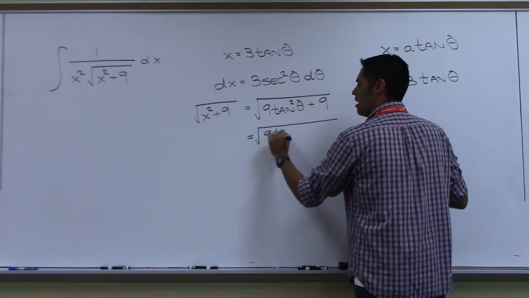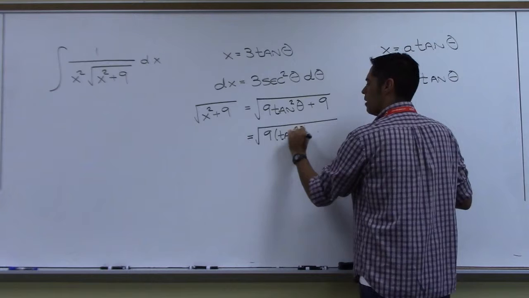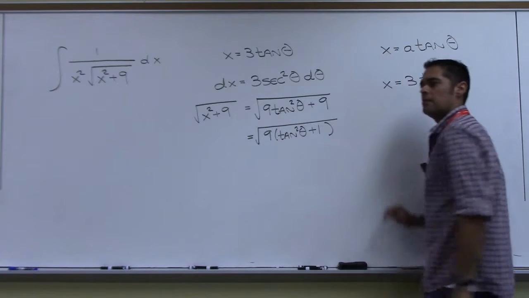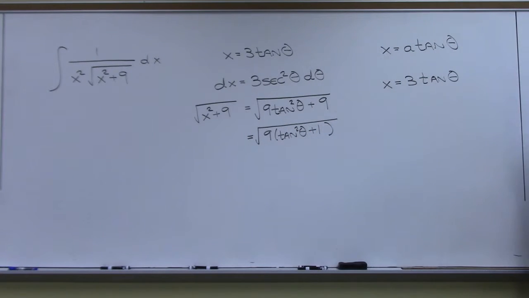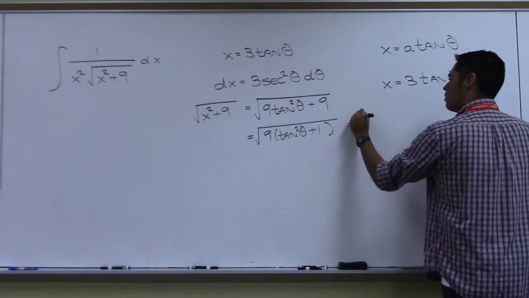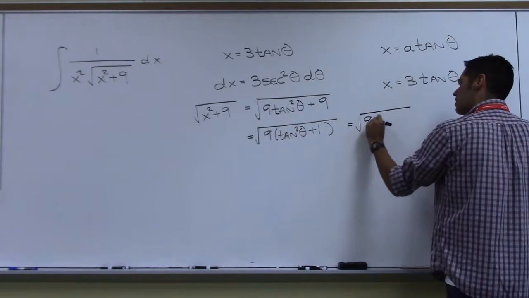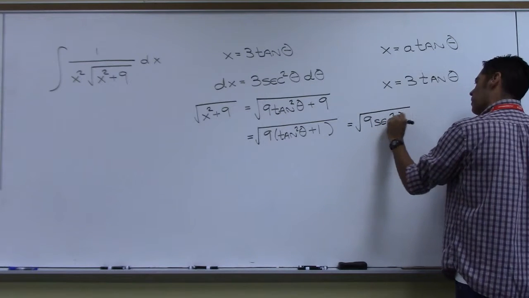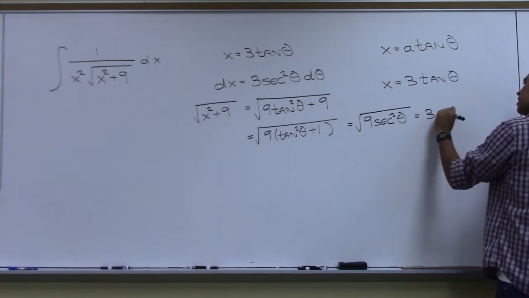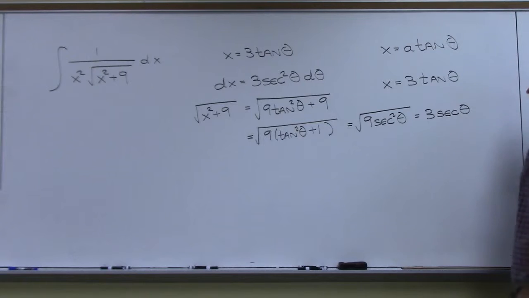And that leaves me tangent squared theta plus 1. Recognize that? That's secant squared theta. So square root of 9 secant squared theta, which is 3 secant theta.